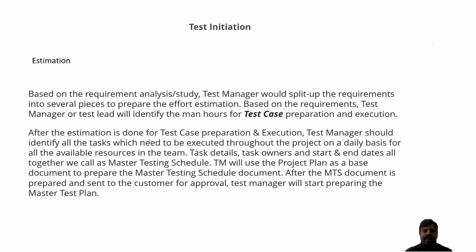After the estimation is done, the test manager should identify all tasks which need to be executed throughout the project on a daily basis for all available resources in the team. Task details, task owners, and start and end dates, all together we call a master testing schedule. The test manager will use the project plan as a base document to prepare the master testing schedule document.